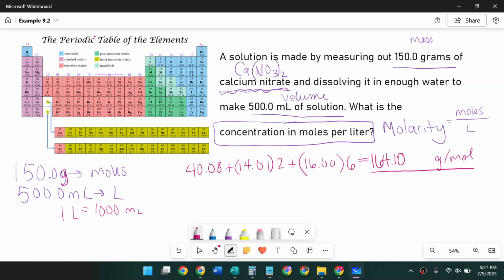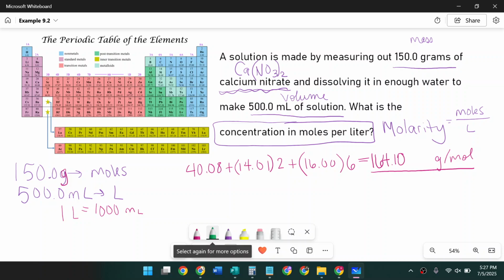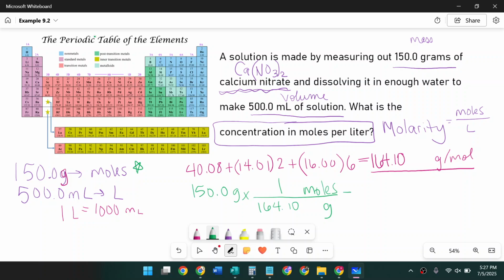All right, so let's convert them one at a time. So first we're going to work with this one. So we have 150.0 grams. We're going to multiply that by the conversion factor that we just found. Grams on the bottom, moles on the top. For every 1 mole, we have 164.10 grams.